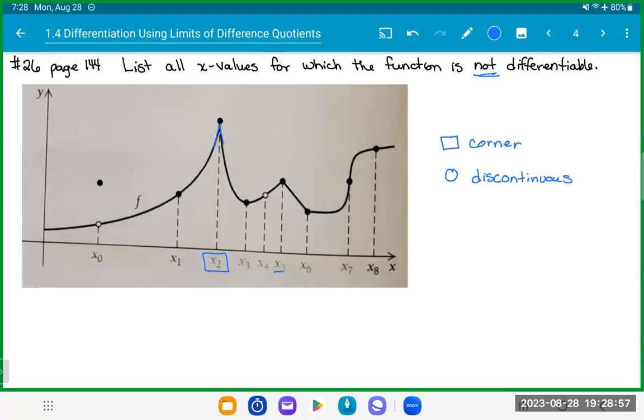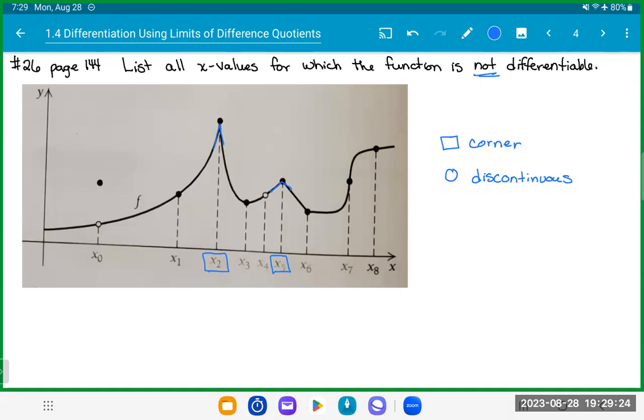Similarly, number 5 is also, right, we're going up and then we are changing our direction rather quickly. So 5 is also not going to be differentiable. So 2 and 5 are not differentiable because they're corners.